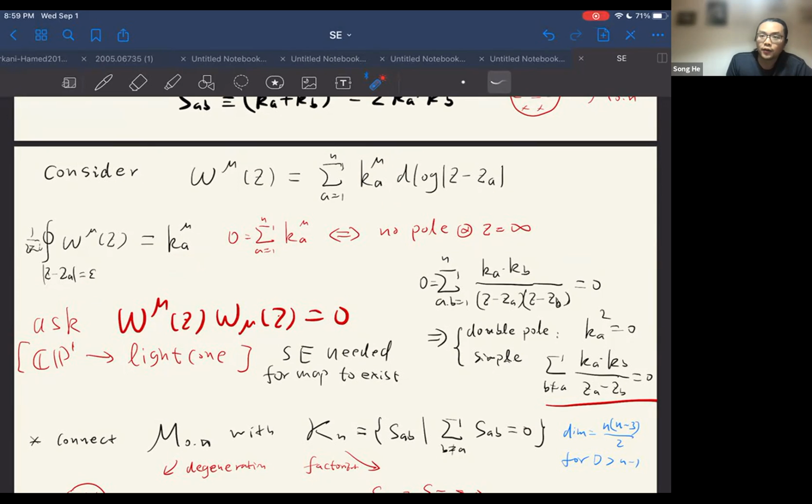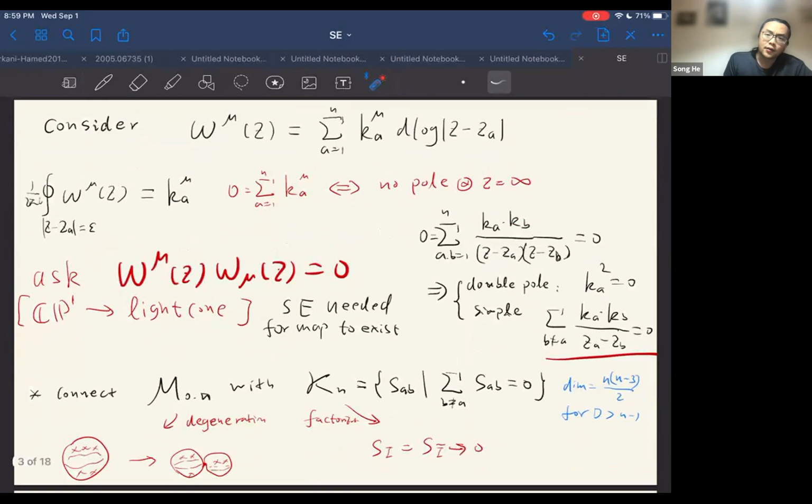The first consequence is that in this construction, momenta are conserved. Momentum conservation is the fact that this form has no pole at infinity. So you ask that this form have no pole at infinity, and this tells you momentum conservation. This is very simple.